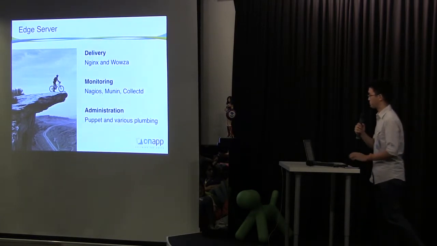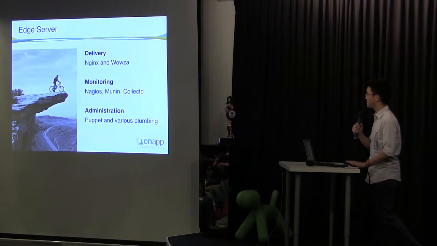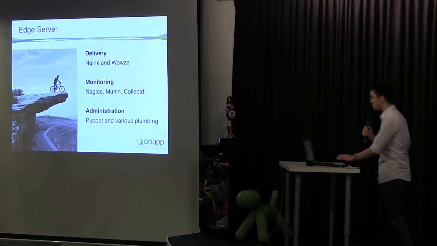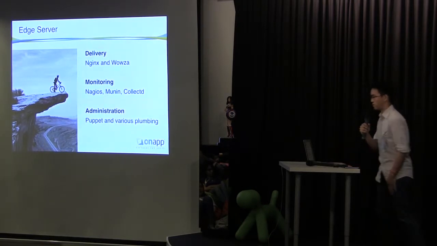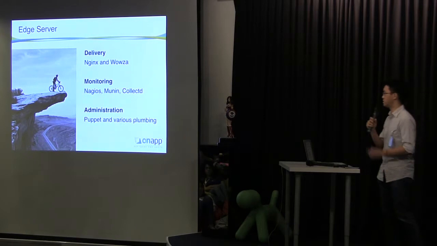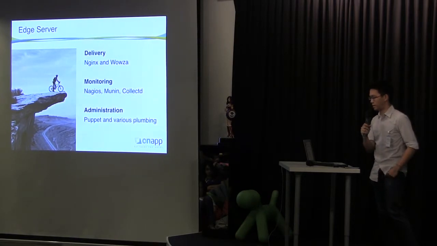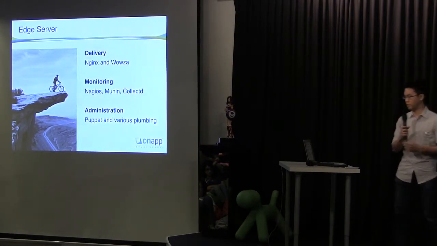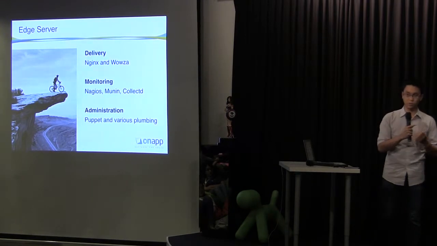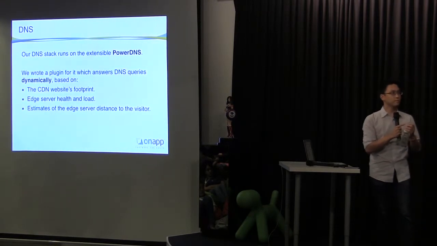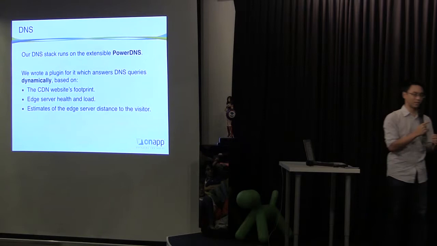Next up is going to be about DNS. We run something called Power DNS. It's an extensible DNS server, and why I say it's extensible is because it gives you 2 APIs, 3 or 4 APIs actually.